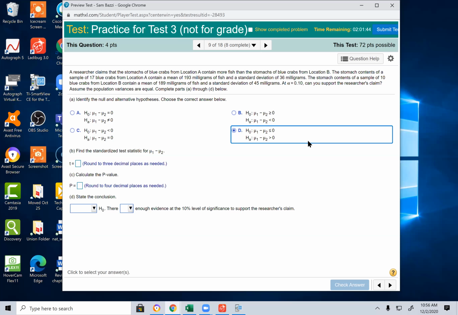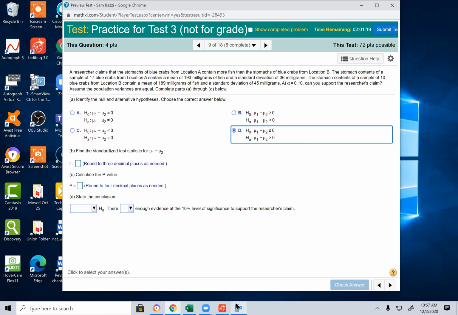Stomach contents of sample: N1 is 17, the mean is 193, and the standard deviation is 36. The second one for location B is 10, the mean is 189, the standard deviation is 45, and alpha is 10%.